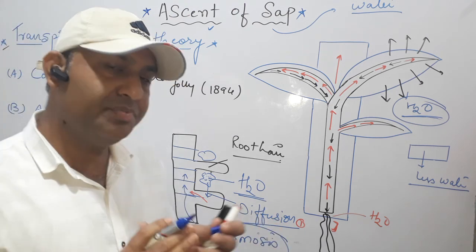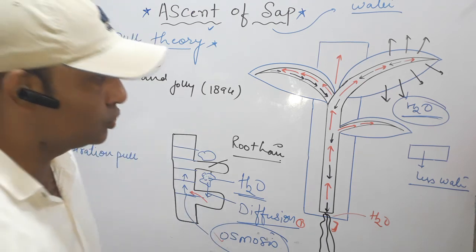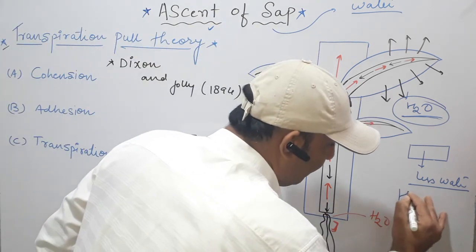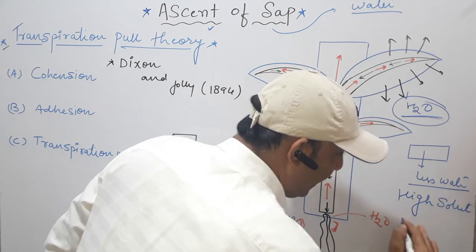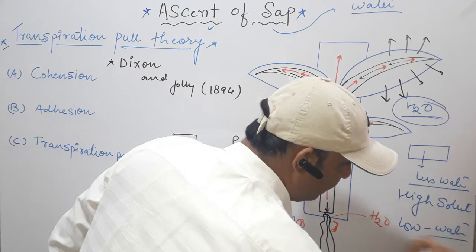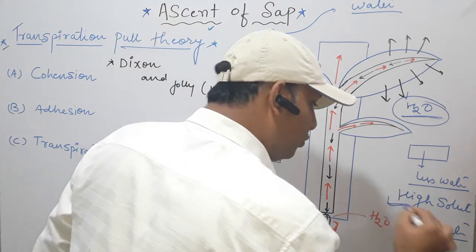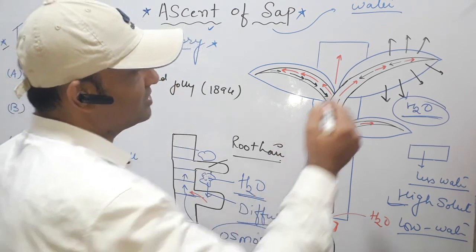A high diffusion pressure deficiency means a high amount of solute and a low amount of solvent. That means a high amount of solute and a low amount of water or solvent. So a high amount of solute creates a high diffusion pressure deficiency, which is called DPD.